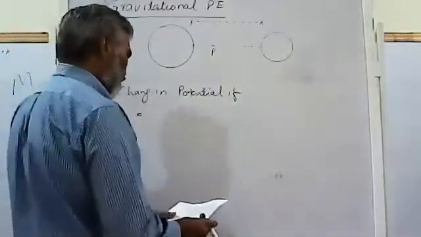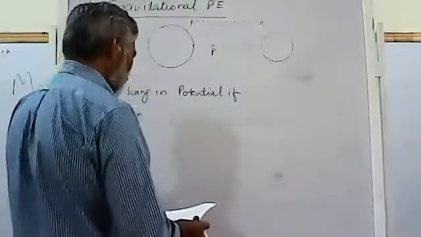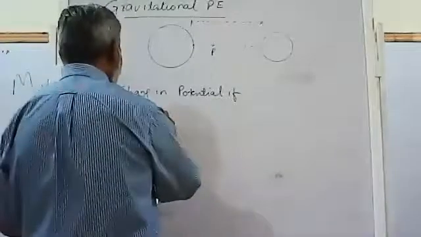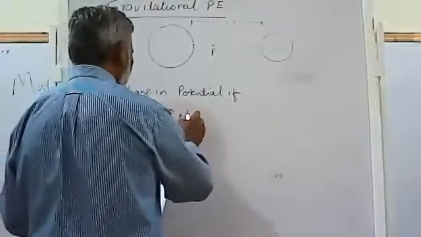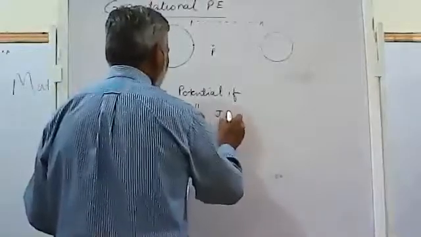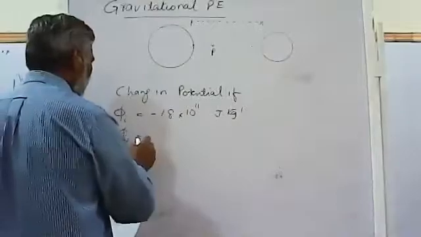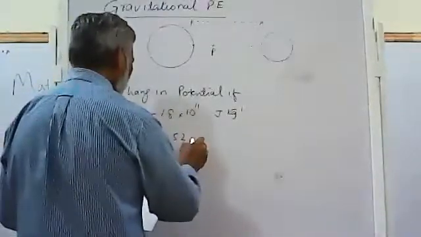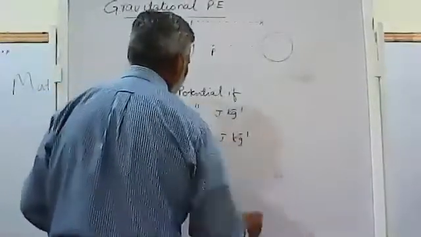This is minus 1.8 into 10 raised to power 11 joule per kg, and another value is minus 2.52 into 10 raised to power 11 joule per kg.